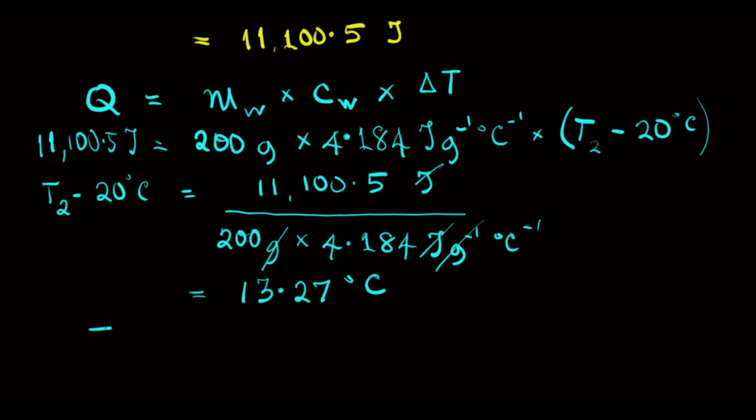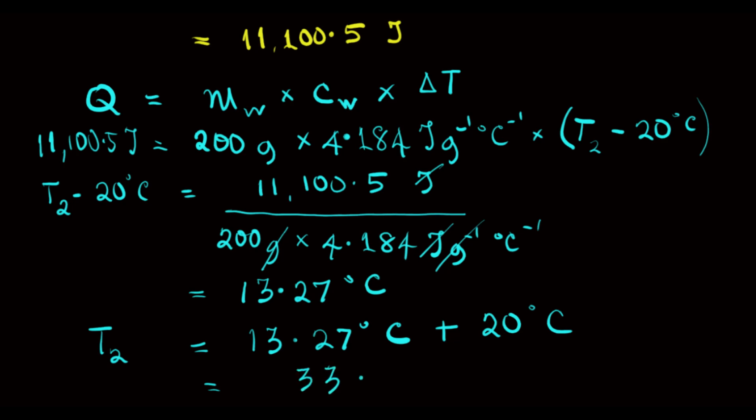So our T2 will now be equal to 13.27 degrees Celsius plus 20 degrees Celsius. That gives us 33.27 degrees Celsius. That gives us the final temperature of the water as required in the question.